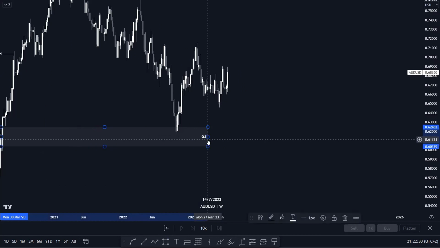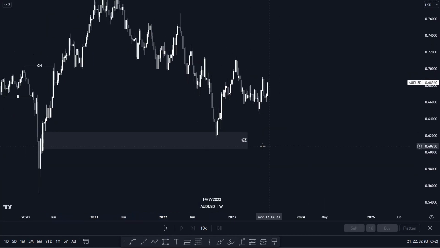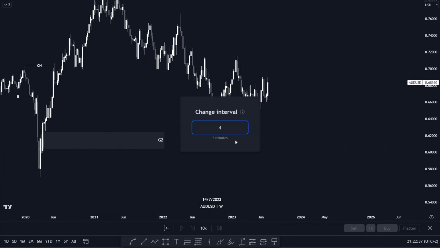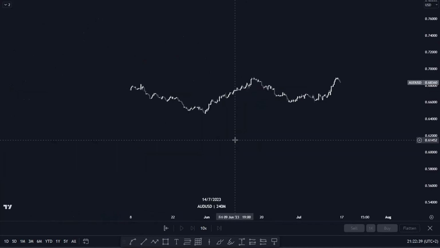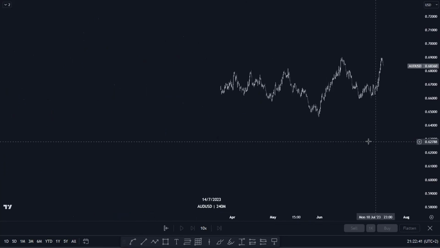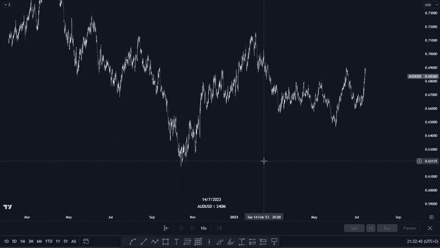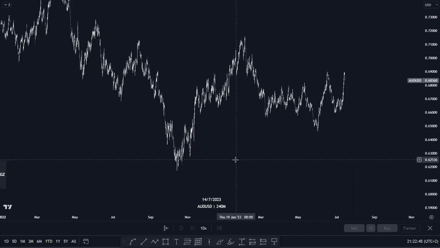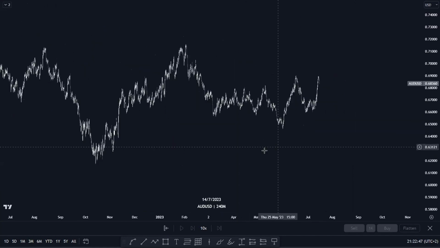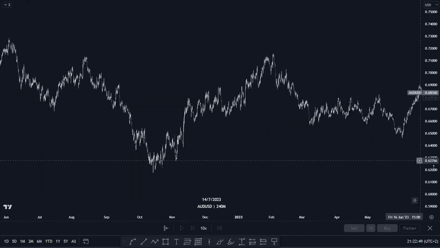So now we know that price tapped us into our golden zone entry. So let's scale down into our lower time frame analysis to see what is going on.